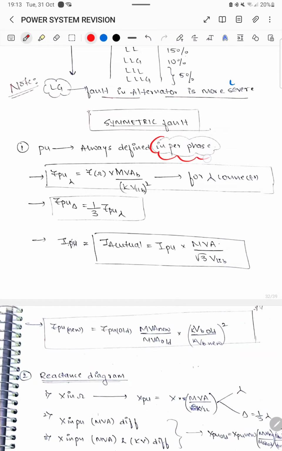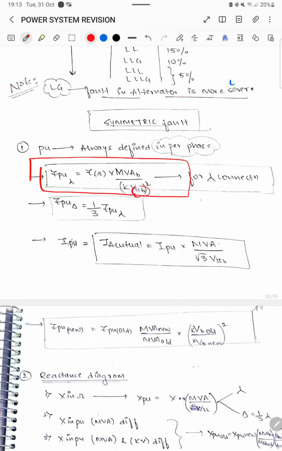Now per unit analysis. Per unit analysis is always done per phase. Though here we are substituting values in line to line, they are derived after converting to per phase. So for star we can use this formula straight away: Z per unit is equal to Z into MVA upon kV line to line whole square.